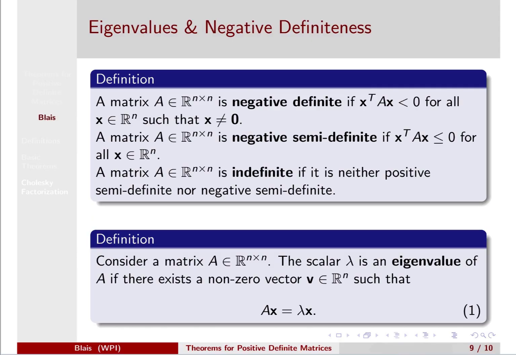And we say it's negative semi-definite if that less than 0 becomes less than or equal to 0. Further, a matrix A is indefinite if it's neither positive semi-definite nor negative semi-definite.